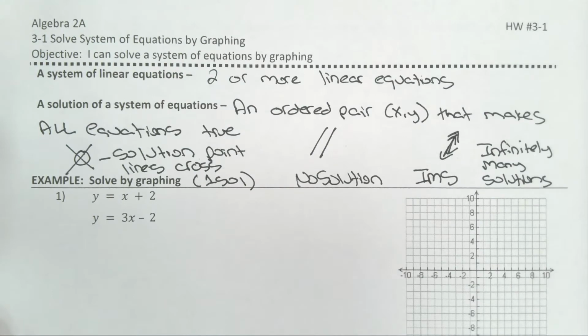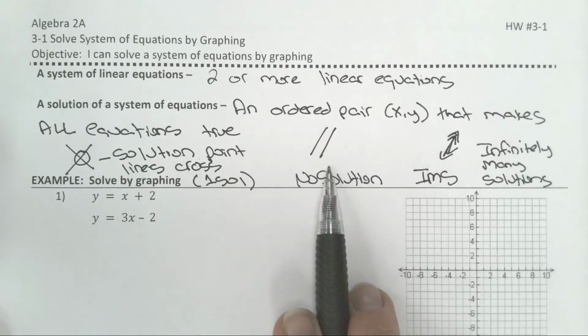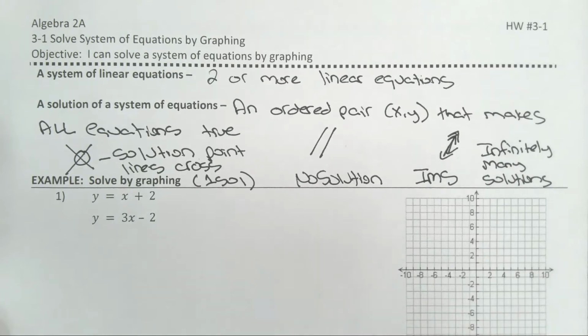So we will have three different scenarios. Lines cross, you get one solution. Lines are parallel, no solution. Lines sit on top of each other, infinitely many solutions.